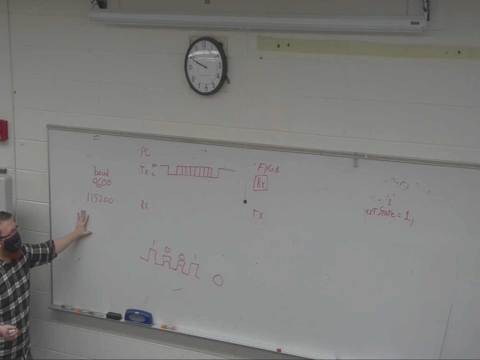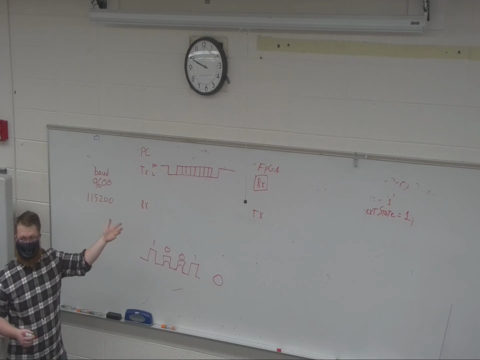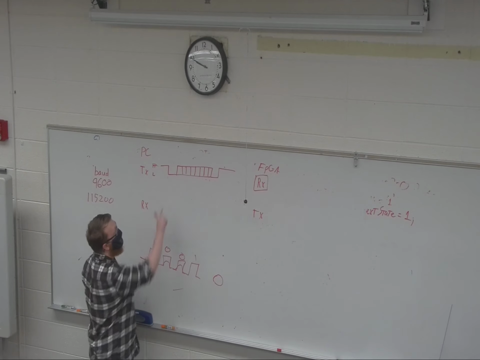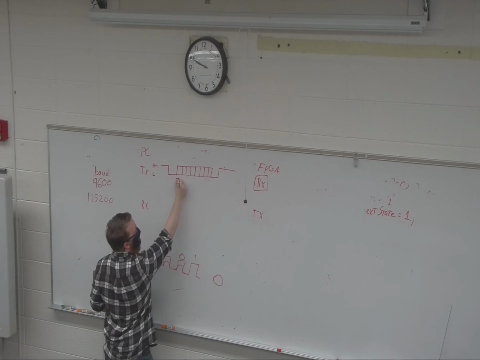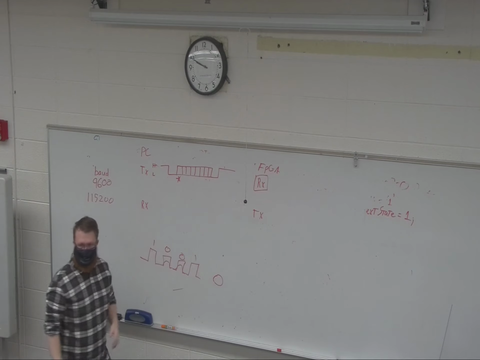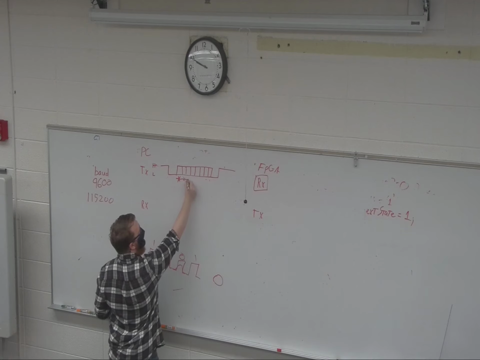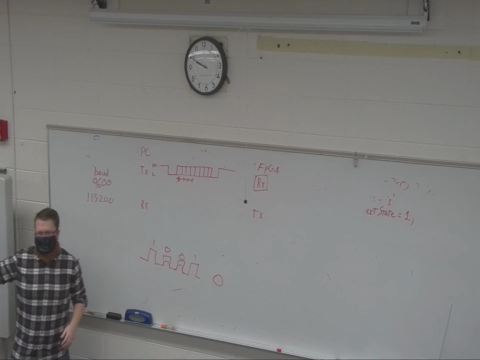So the way this really works is you're just counting, right? This drops low. You wait half a clock period, and you take a sample right there. And then you wait one whole clock period, again and again, and you sample, sample, sample, right?